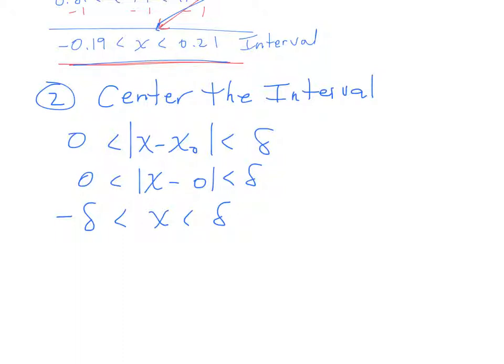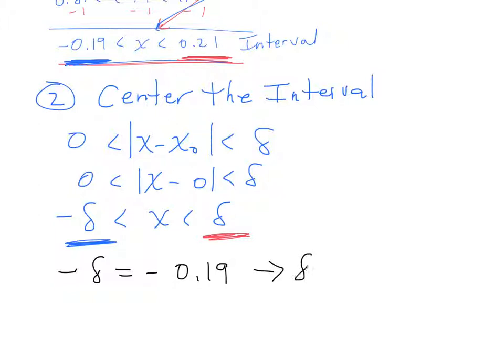Well, if I look up here, I'm going to do the same thing. I'm going to pick the left side, put the left sides together, and put the right sides together, meaning I'm going to let this left side equal that left side. If I solve for delta, however you want to say it, divide by negative 1, cancel out the negative sign.